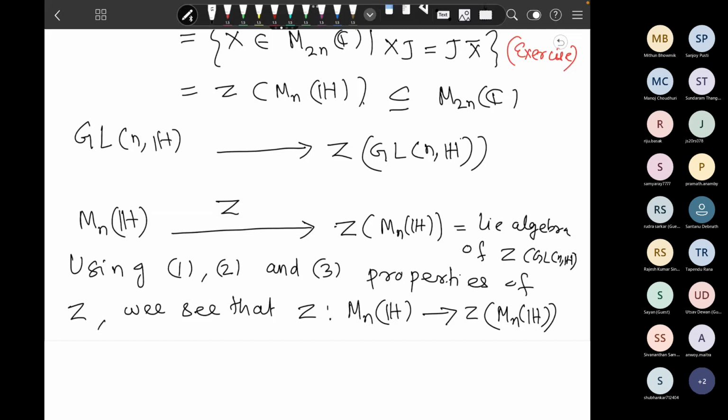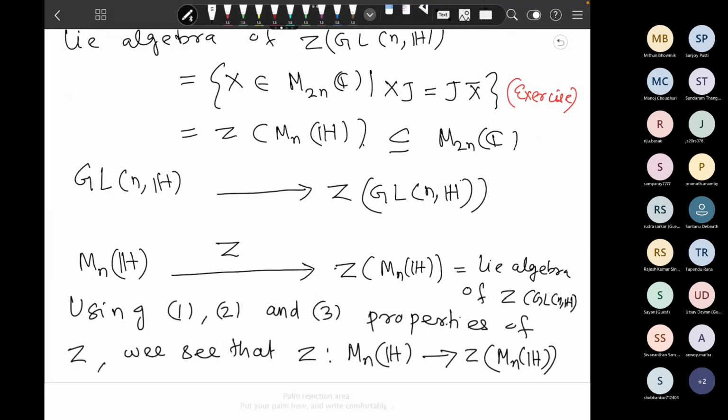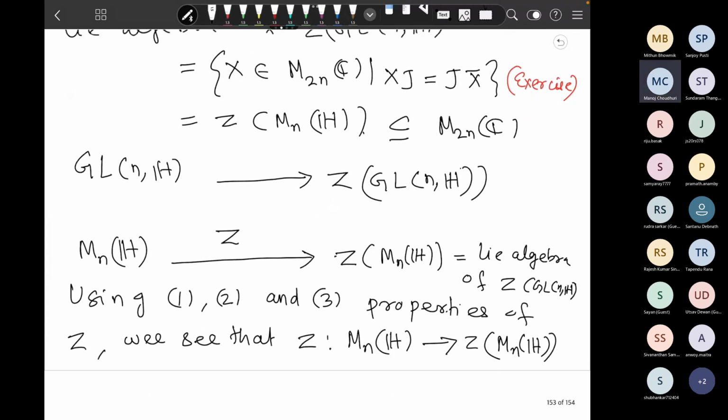But I am very flexible in that. Whichever is convenient for me, I will use. And since you know that this Z is just an identification map, most of the time I will not write Z, or depending upon the situation I may write Z, but you have to keep in mind that there is some identification going on.